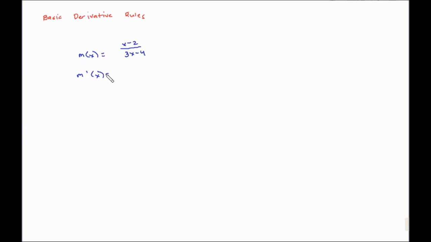Sabi ko nga kanina, mas gusto ko na inuuna yung first derivative ng first function multiplied by the second function, and then minus the first function times the derivative of the second function. Again, ang formula na sinusunod ko ay f prime g minus f g prime.